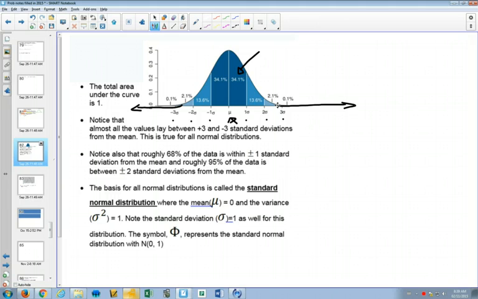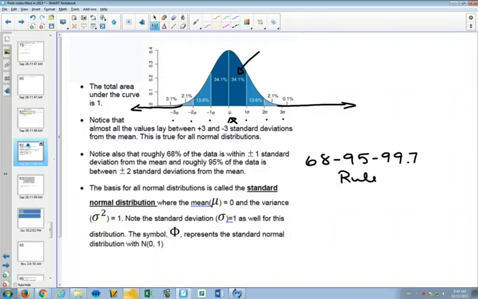Roughly 68% of the data is between 1 standard deviation above and below. So most of the people, 68%, would fit in that range. Once you go to 2 standard deviations away from the mean, you've got 95% of the population. Sometimes this 68 and this 95, I've seen it written in some textbooks as the 68, 95, 99.7 rule.